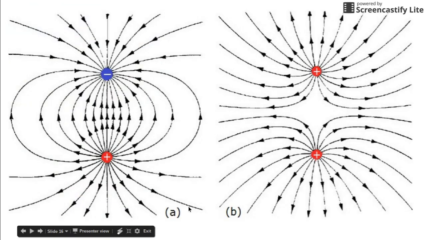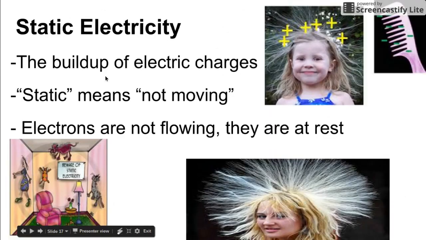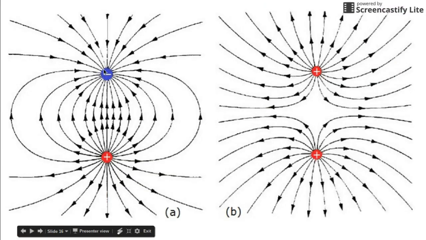So here are some force field diagrams. We have the positive charge where the field force is going out from that charged object, and then we have the negative charge up here where the force fields are going into that negatively charged object. So you can see how these things are interacting with each other.